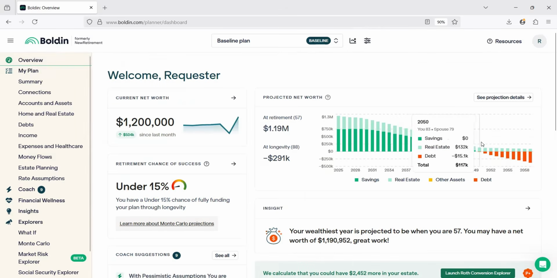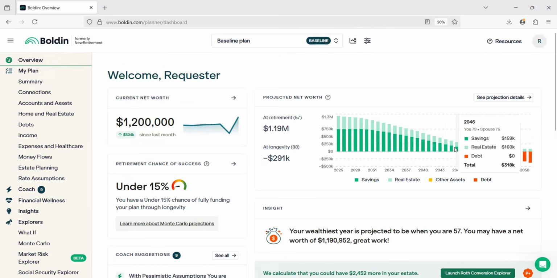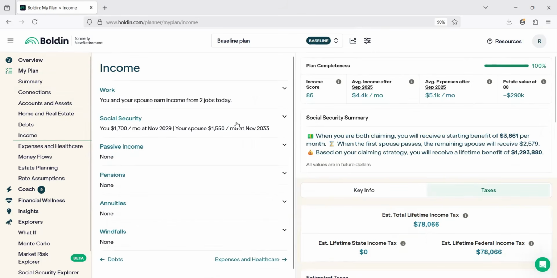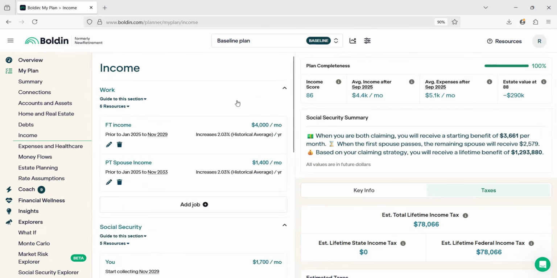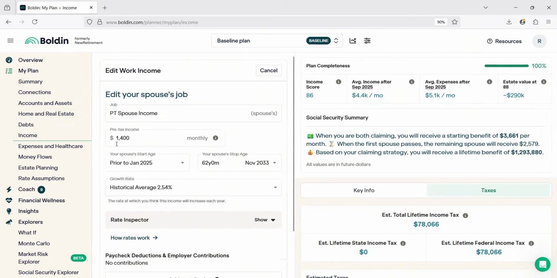Okay, you're still at under 15%, but it does now bring you out to 84. You can see how this works. If you can work just a little bit longer or make a little bit more, then it does extend you out. So let's take that. Spouse working full-time.